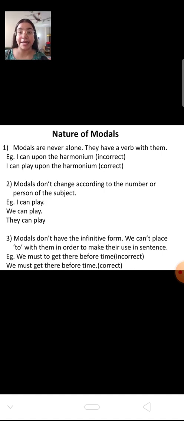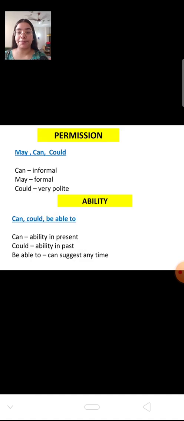Now this is incorrect. We don't use the word to with the auxiliary verb. We just have to write "we must get there before time." Get is the verb there and must is the auxiliary verb, that is the modal. So with modals we never use to. That is the third nature.